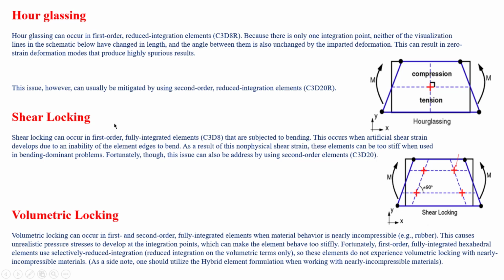If you want to avoid shear locking as well, we can use the second order element, that is C3D20, as I said. Volumetric locking occurs when the components have an incompressible property, let's say rubber and the like. Volumetric locking will happen for both first order and second order fully integrated elements.